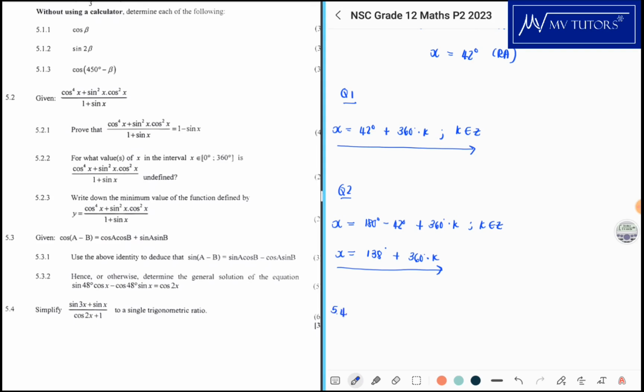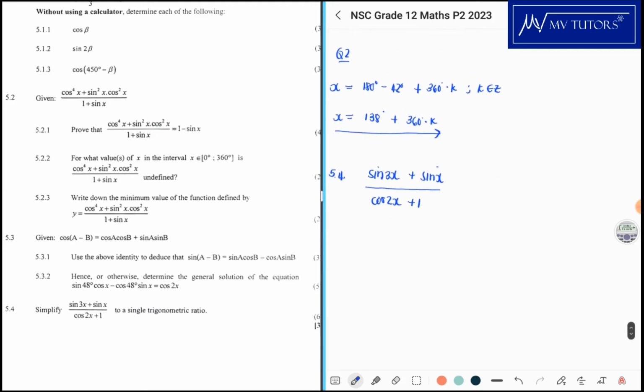So let's do 5.4. Now it says simplify the following to a single trigonometric ratio. So you have sine 3x plus sine x, divided by cos 2x plus 1. There's a lot going on there.